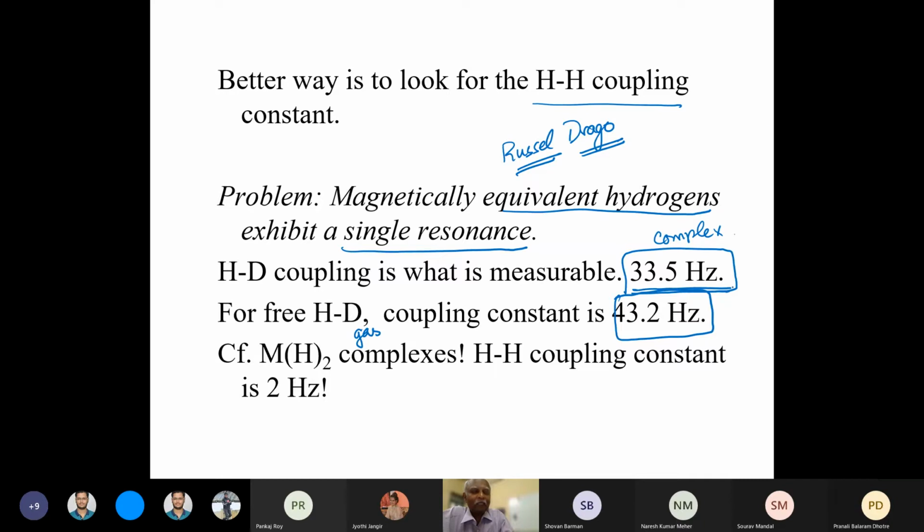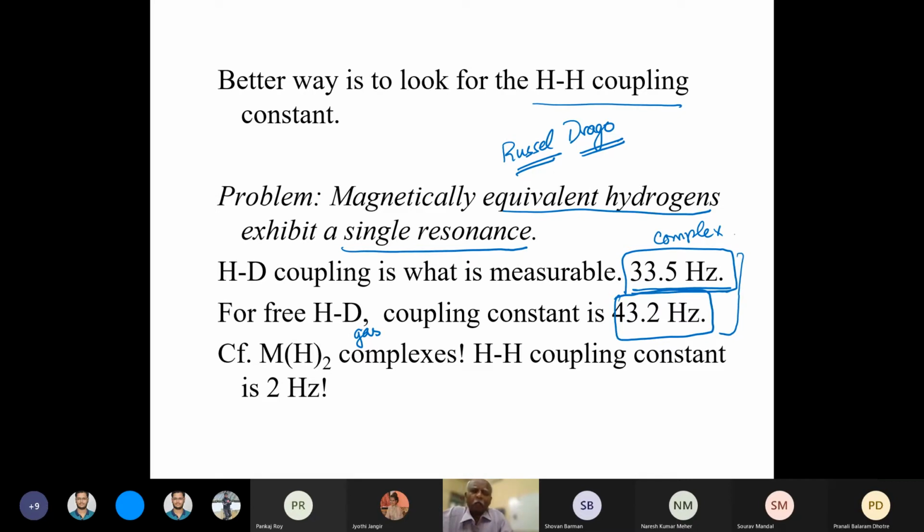So you need a covalent bond in order to observe coupling. This is something that you have to keep in mind. If a bond breaks, then you will not observe coupling. So the observance of a coupling constant very clearly shows that there is a covalent bond between the two hydrogens.